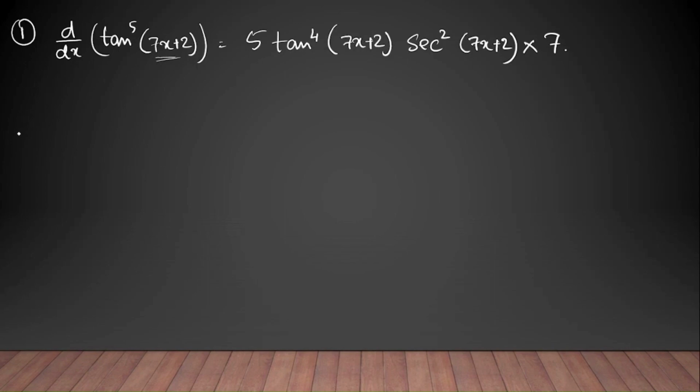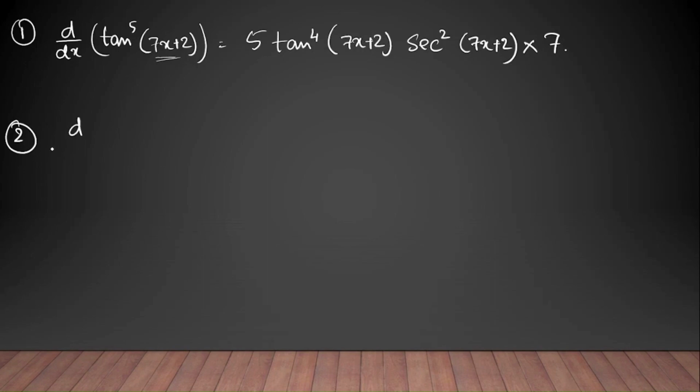Here the power of tan is 5, so we write 5 tan power 4 (7x plus 2), into the derivative of tan of (7x plus 2), which is sec square (7x plus 2). After that we deal with 7x plus 2, whose derivative is 7. This is the answer.